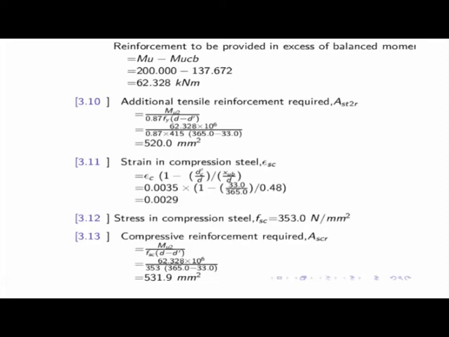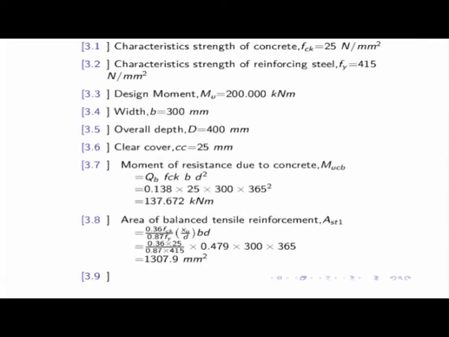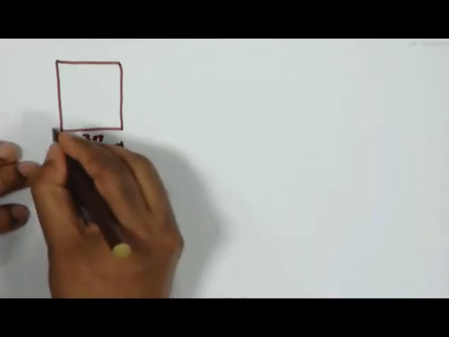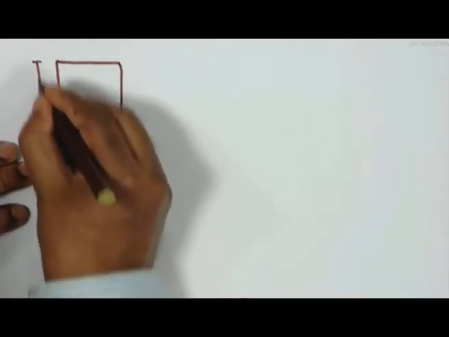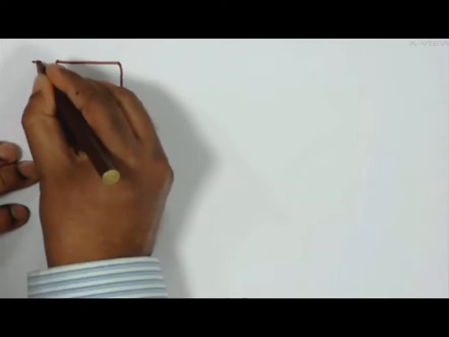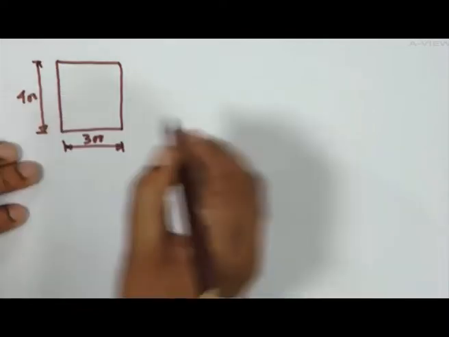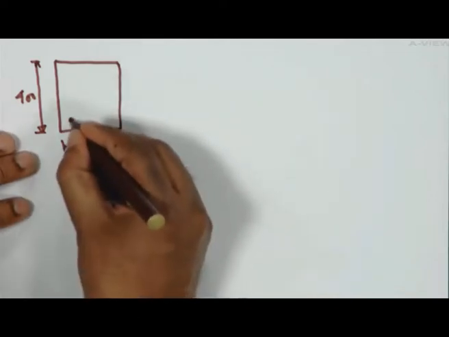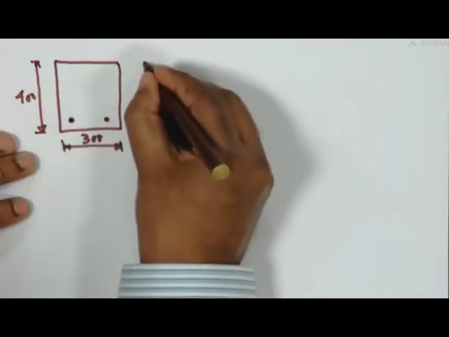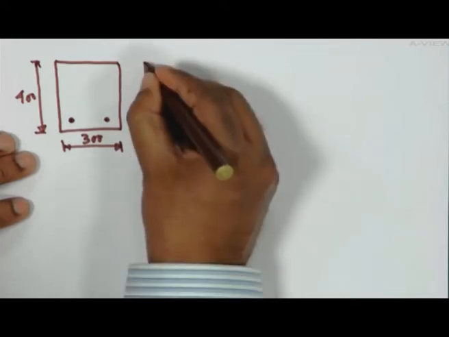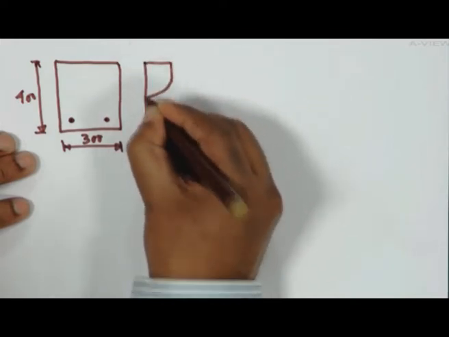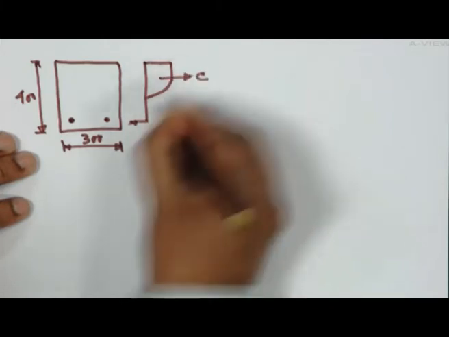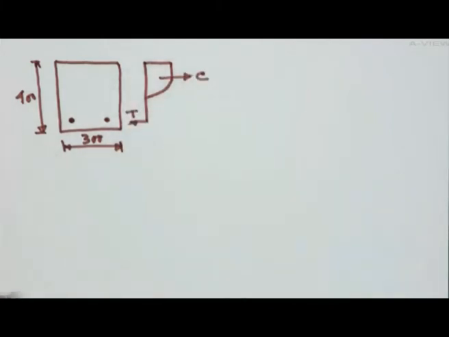Then I have given 400. So, first thing, and we are providing steel here. So this is your that thing.